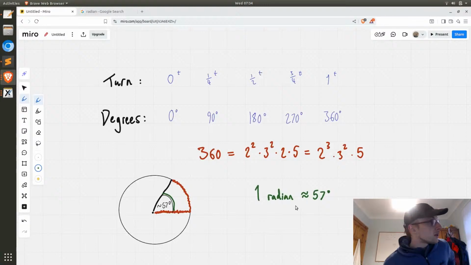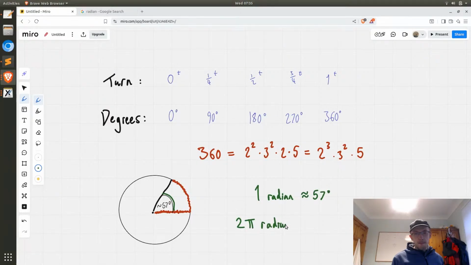And perhaps now you're willing to guess because pi is 3 point something. So is it 2 pi radians to make 1 full turn? Correct. 2 pi radians equals 1 full turn, which equals 360 degrees.